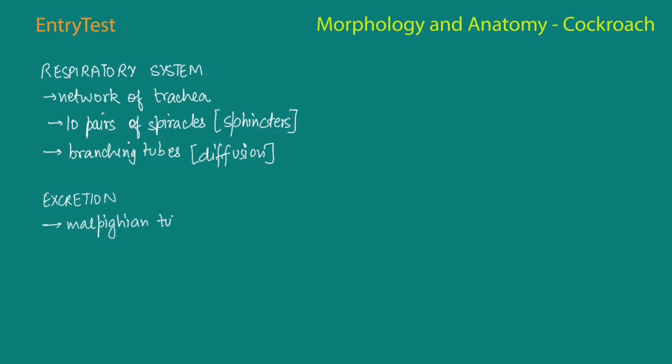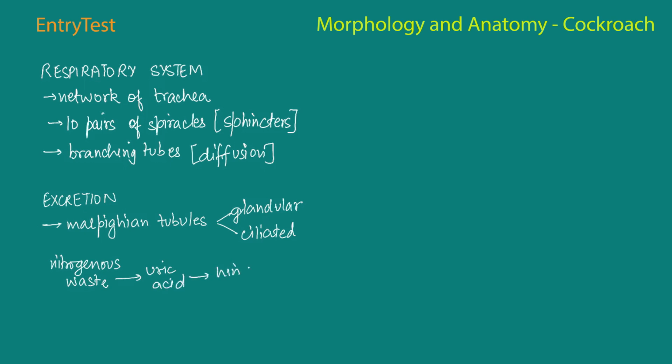Each tubule has a lining of glandular and ciliated cells, and they absorb the nitrogenous waste products and convert them into uric acid, which is then secreted outside through the hindgut. That is why the insect is known as uricotelic, because it secretes uric acid.